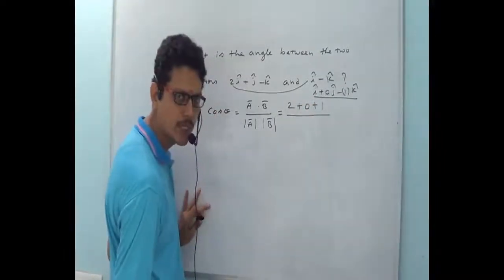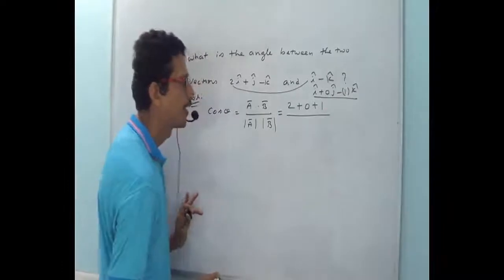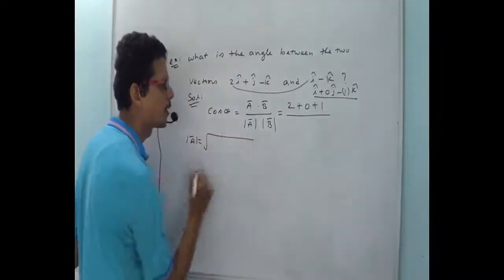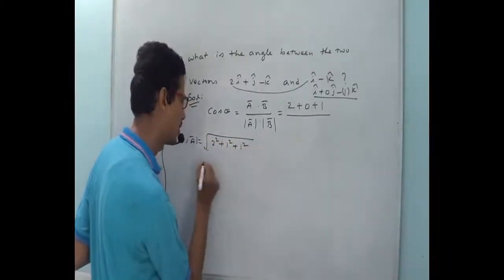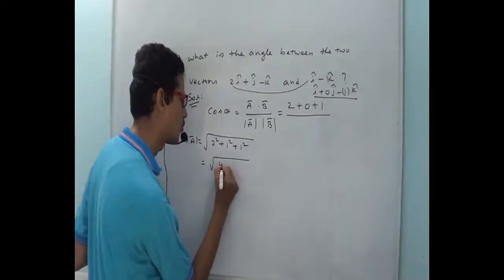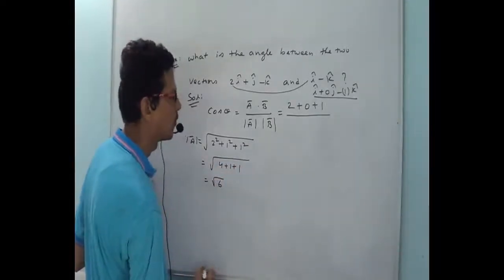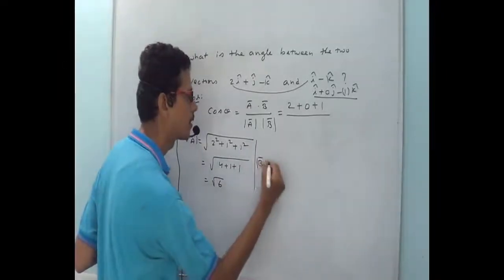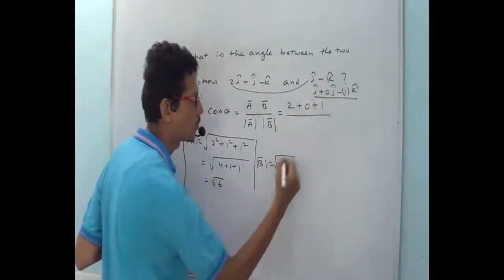I can take it as 0 into j cap. Okay, and this is minus 1 into k cap. And what is modulus of a bar? Modulus of a bar is root over 2 square plus 1 square plus 1 square. What is this? Root 4 plus 1 plus 1. Root 6. What is modulus of b bar? Mod b bar is how much? Root 1 square plus 1 square.